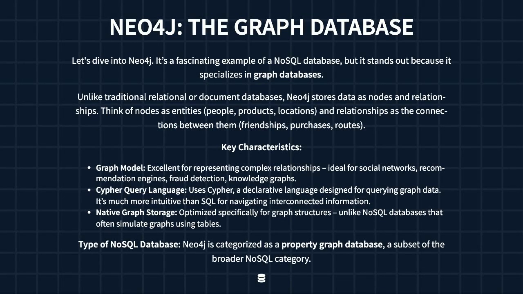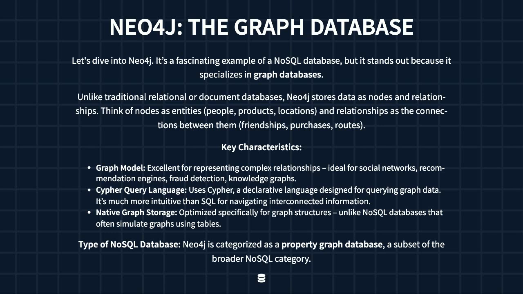Okay, let's talk about Neo4j. It's a really interesting NoSQL database because it's specifically designed for handling relationships between data, and that's what makes it unique. Instead of storing things in tables like you might with a traditional database, Neo4j uses a graph model. Imagine representing people as nodes. Those are your entities, and then drawing lines connecting them to show friendships or connections.